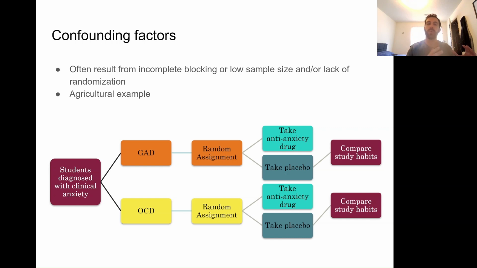But just like we have other types of studies besides RCTs, it's not always possible to apply these principles in every way. And I'll give you an example involving agriculture. Statistics actually got its start studying different types of agricultural interventions. Many early statistical applications had to do with agricultural experimentation.